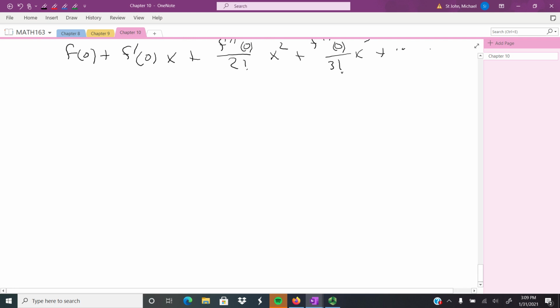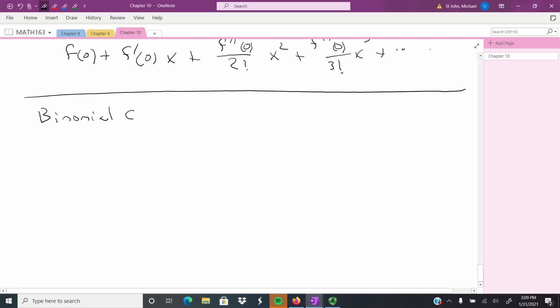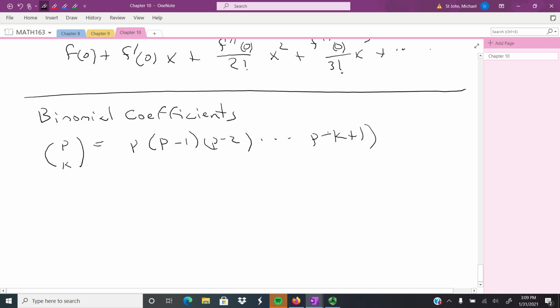Then they talk about in terms of the binomial coefficients. And so (p choose k) is going to be given by p (p − 1)(p − 2) ... (p − k + 1) all over k factorial.